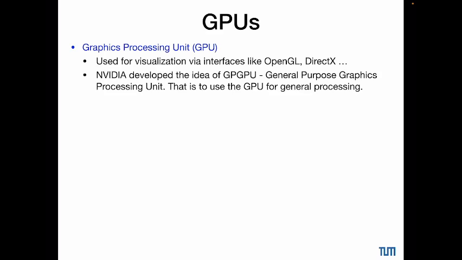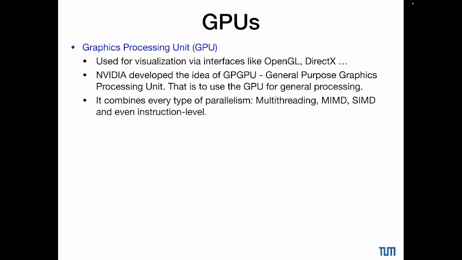NVIDIA basically started looking into how these GPUs can be used for general purpose processing. And so we now call them GPGPUs, General Purpose Graphics Processing Units. This is using the GPU for other processing, not for graphics.